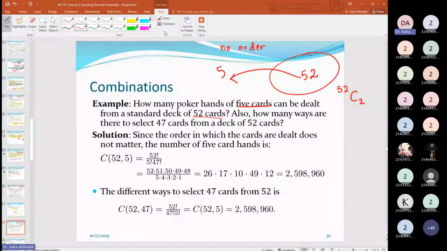And you have the result here. They did the calculation to find it, but you don't have to worry about this. Calculate it with the calculator, you don't need to write the details of the steps. Okay? Now, part 2 of the question, how many ways are there to select 47 from those 52?